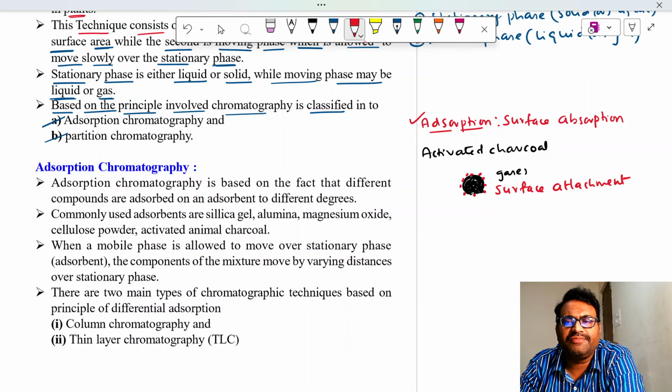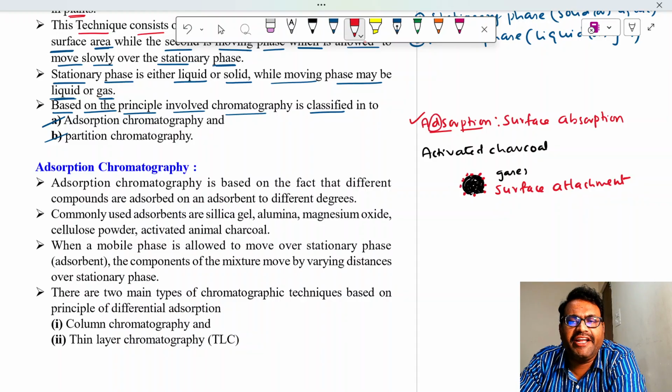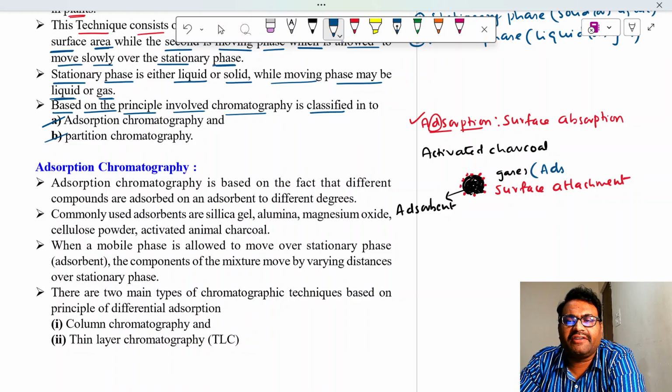In simple language, what is meant by adsorption? Adsorption means that if any substance attaches on the surface, that is called adsorption. So this activated charcoal is now called what? Adsorbent. This gas is called what? Adsorbate. The substance which attaches on the surface of the adsorbent is called the adsorbate.